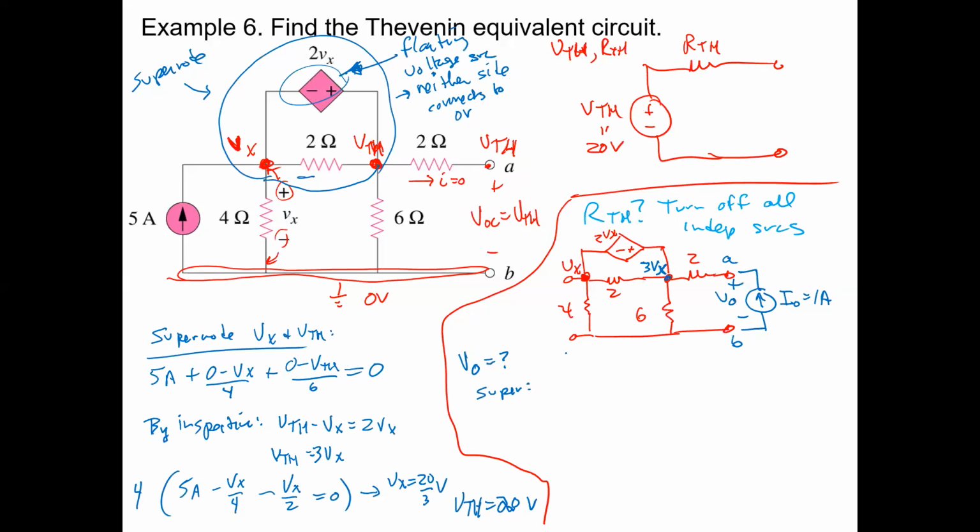So we have to do the whole equation again, but that node still is 3Vx. The supernode says that 0 minus Vx over 4 plus 0 minus 3Vx over 6 plus 1 amp equals 0. So you see why it was nice to do a 1 amp source there? That kind of helps. Doing a little bit of algebra, our Vx would be 4/3 of a volt.